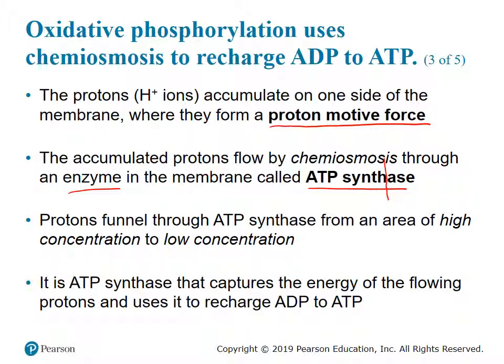The protons go from a high concentration to a low concentration, as is required in osmosis or diffusion. ATP synthase captures energy from the flowing protons and uses that energy to attach another phosphate group to ADP to become ATP.